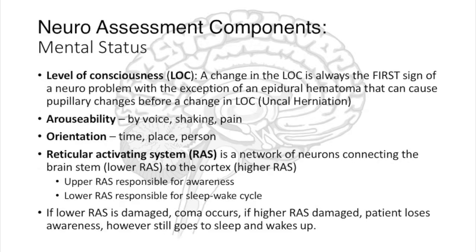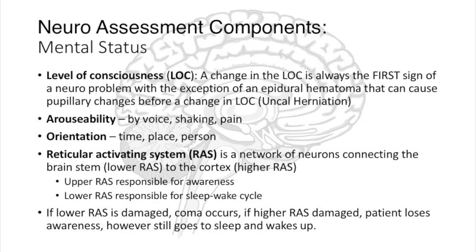There are many components to the neurological assessment, starting with the one we most often think of, the level of consciousness. Just note for the CCRN, a change in level of consciousness is always the first sign of a neuro problem, with the exception, and only one exception, of an epidural hematoma that can cause pupillary changes before a level of consciousness change. Now, which one was the pupillary change?